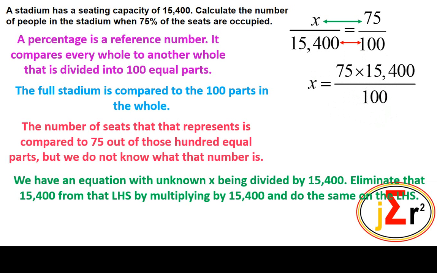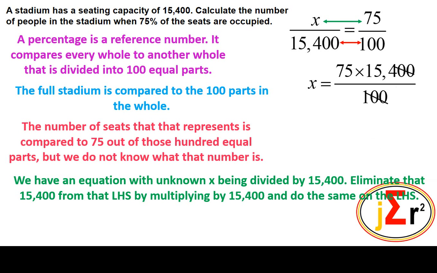What happens here is that the 15,400 that we are dividing by on the left-hand side is entirely eliminated, and on the right-hand side we have 15,400 multiplying 75, all over 100, which is the same expression that we had on the previous slide, to which we already know the answer.